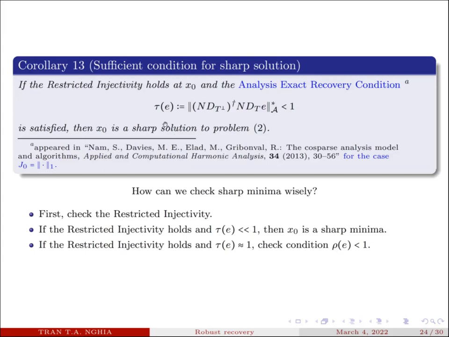Instead, we check this gamma E. If gamma E is far away from 1, much more than 1, then definitely x0 is a sub-minimizer. If it is near 1, let's say 0.99, you may have some error in your computation, and you are not sure whether x0 is a sub-minimizer or not. At this moment, you check the rho E. Usually rho E is going to be far away from 1 if it is a sub-minimizer.